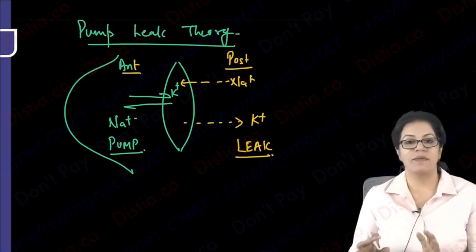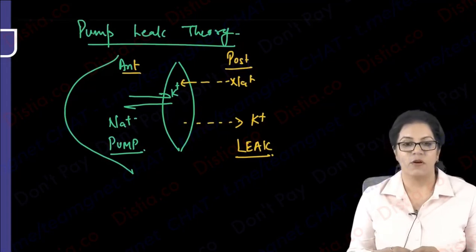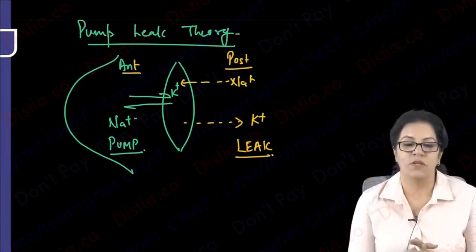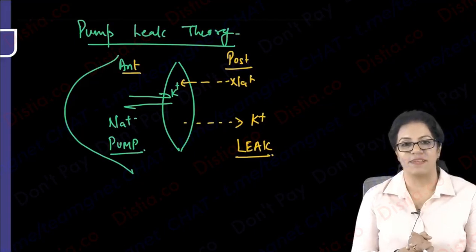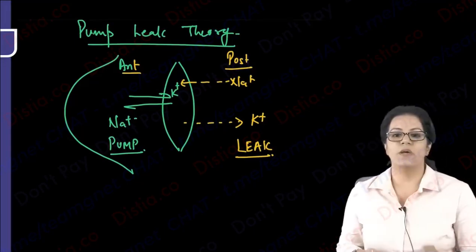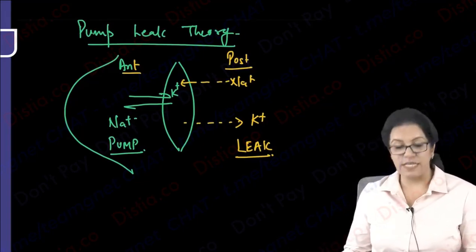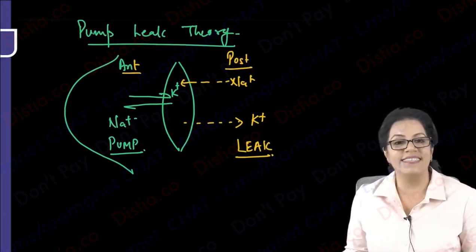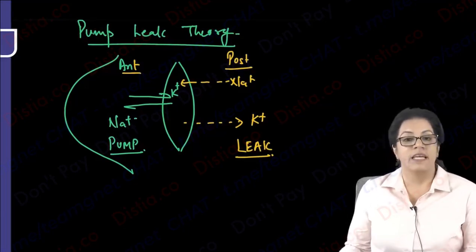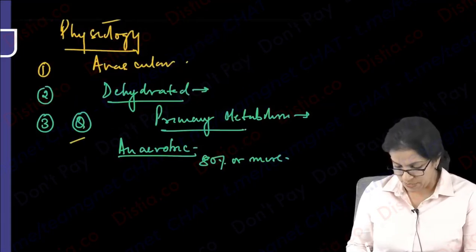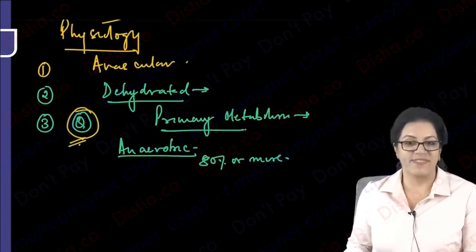This is the main important part. We don't have to talk about other salts. Sodium and potassium should be understood properly. So this is your pump leak theory, which explains how your lens is maintaining its dehydrated state. So one question is on primary metabolism. Let's not forget this one.